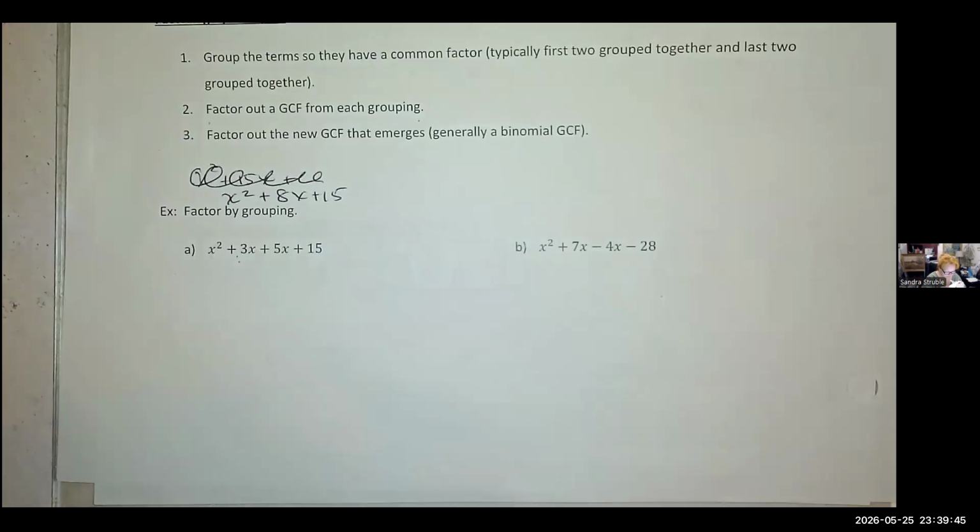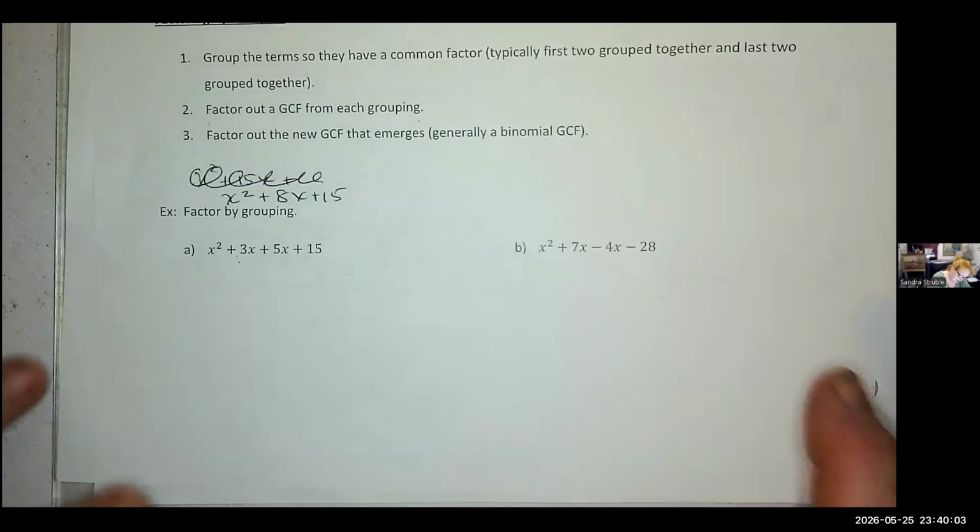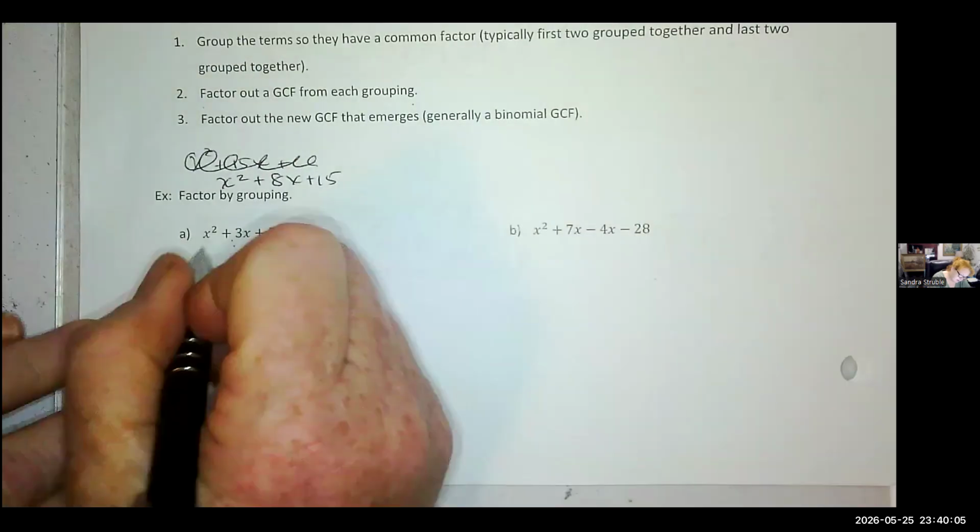Here's my problem with that. Does it work whether I use 3x plus 5x or 5x plus 3x? If it doesn't, that's where it can be confusing. So let's just check this. Again, we're going to look at these two terms, and then we're going to look at these two terms.